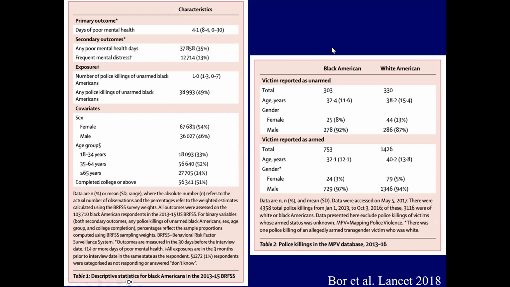Also, as shown in this data, the range of police killings was 0 to 7, and descriptives of the victims are shown here in Table 2.